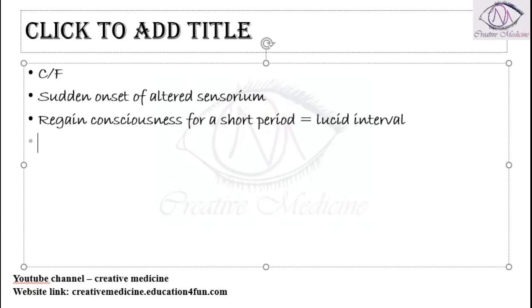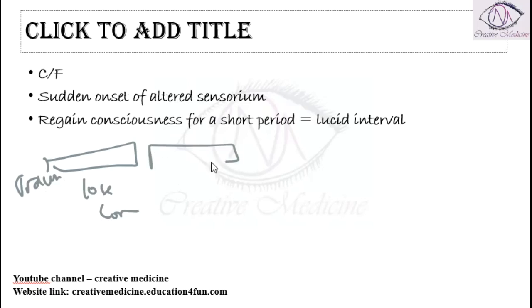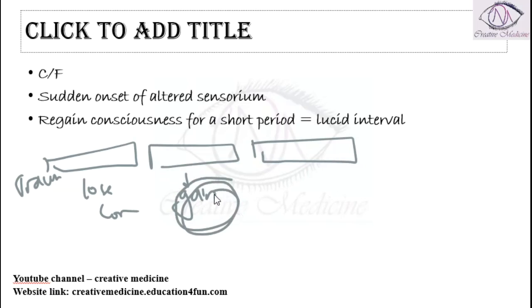That means in extradural hematoma, first there is a trauma, following which the patient loses consciousness, and again he gains consciousness, and then again he loses consciousness. The period of consciousness between two periods of unconsciousness is called the lucid interval.